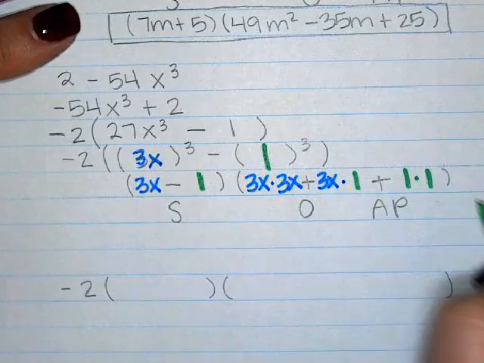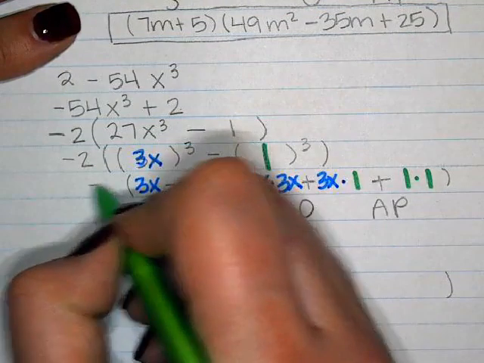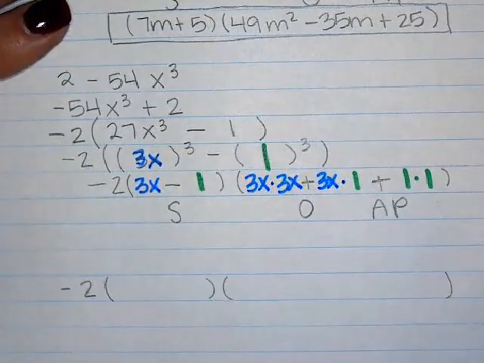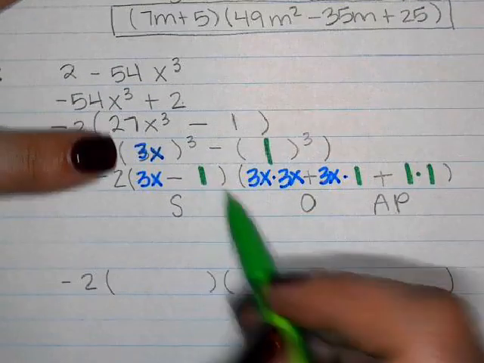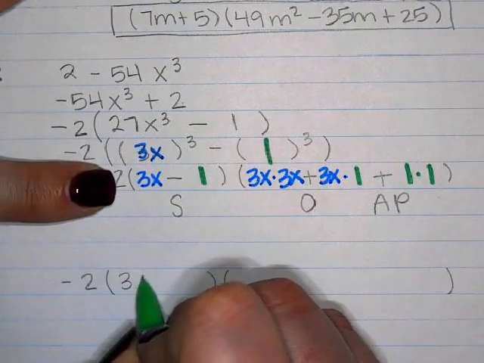I'm not as worried about it as long as you know it should end up in the final answer. Okay? All right, so let's bring this down. We have 3x minus 1. 3x times 3x is 9x squared. Plus 3x plus 1.